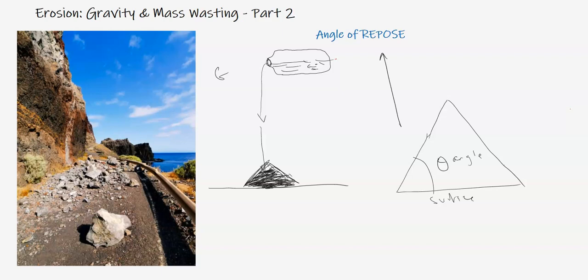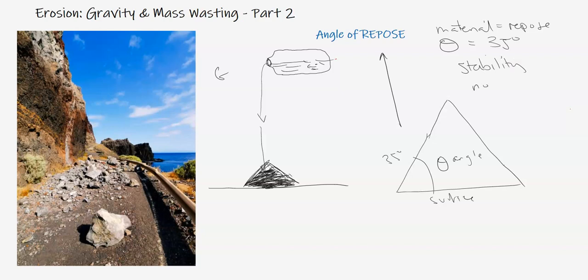Now, every material has a certain angle of repose, and it's based on the size and shape and composition. Now for that material, the average angle is 35 degrees. Now what that means is that if there's a slope gradient where the angle is 35 degrees according to the surface, then we have stability.